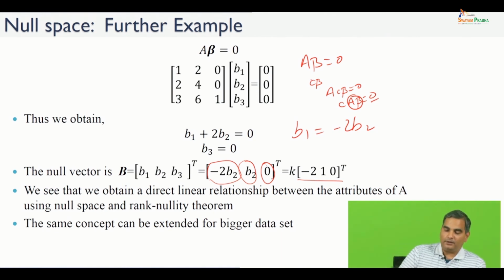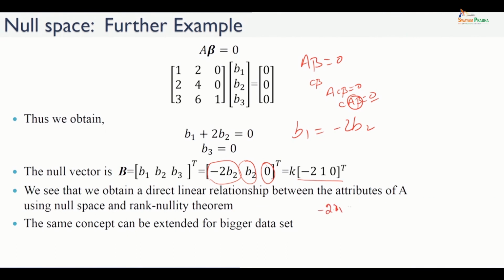So, whenever beta is a null space vector, then any scalar multiple of that will also be a null space vector. That is what is seen by this K here. Nonetheless, we have a relationship between these variables, which is basically saying minus 2x1 plus x2 equals 0 is a relationship that we can get out of this null space vector.